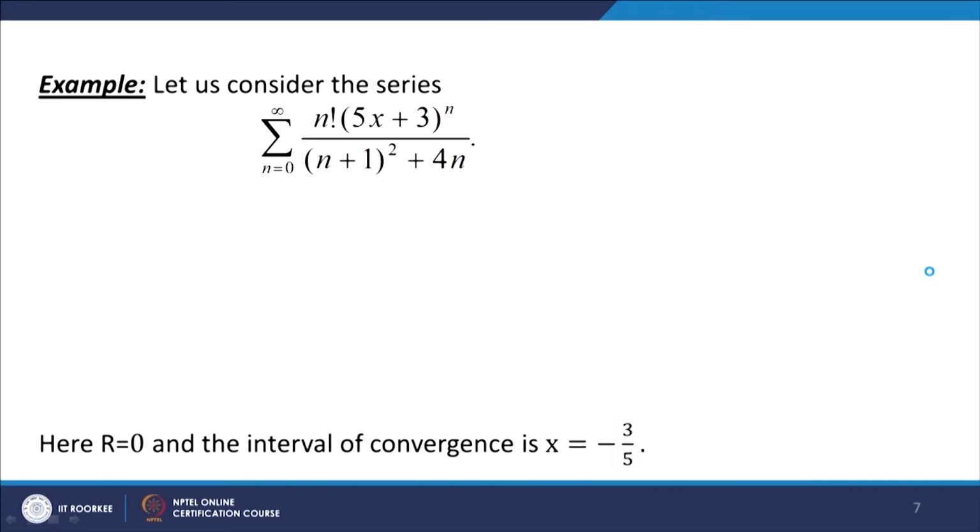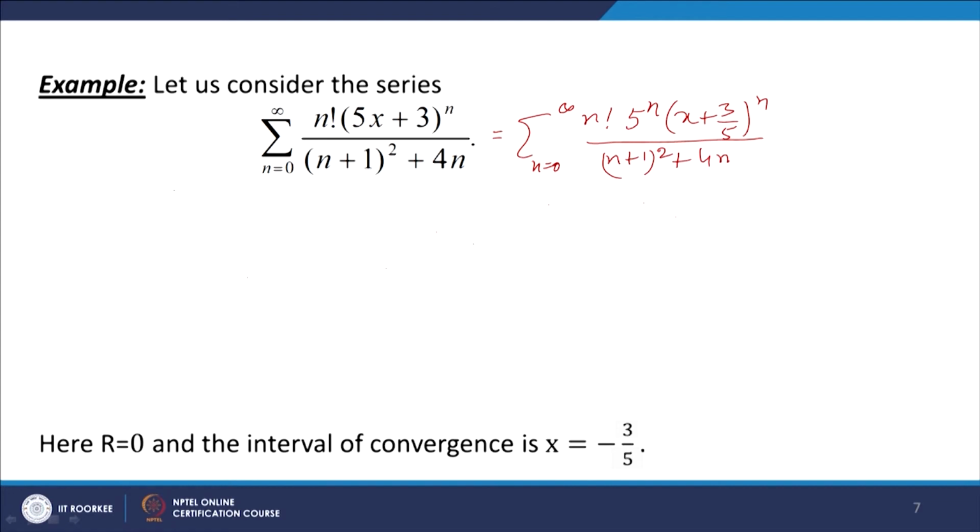Okay. Now, let us consider another example, sigma n equal to 0 to infinity n factorial (5x plus 3)^n divided by ((n+1) factorial) times ((n+1)^2 plus 4n). The given series first will have to be brought in the form of the standard power series. So, sigma n is equal to 0 to infinity, and we have to take n factorial 5^n and then (x plus 3 by 5)^n divided by (n+1) factorial times (n+1)^2 plus 4n.